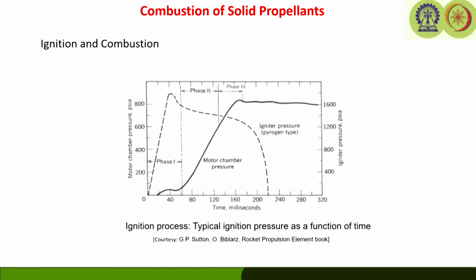Now, let us look at some of the processes, as I told you, because ignition is a very important part of the combustion process. So, we will try to understand the ignition process in a bit more detail.